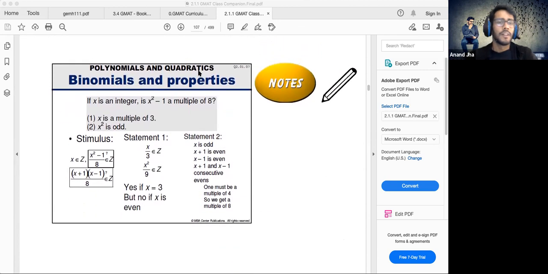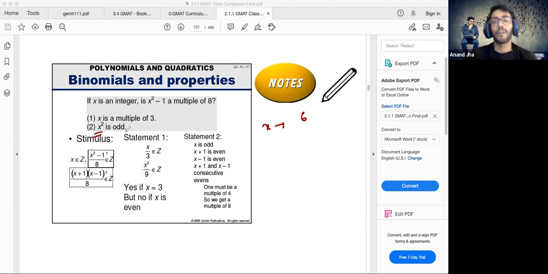If x is an integer, is x square minus 1 a multiple of 8? Statement 1: x is a multiple of 3. Statement 2: x square is odd. Okay. Statement 1, what does it say? X is a multiple of 3. Let's take a number, suppose 6. But x square is odd.